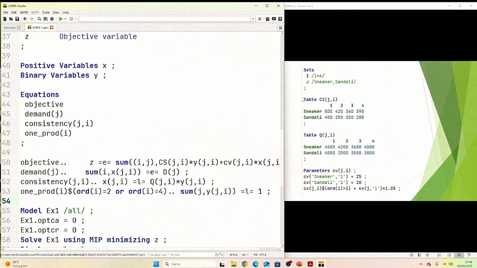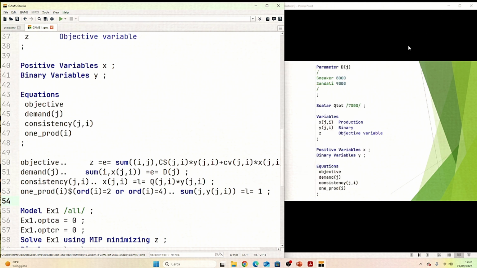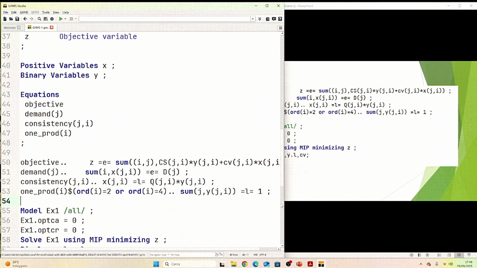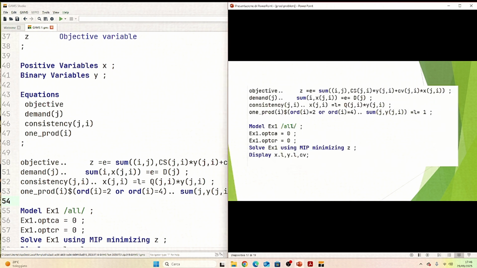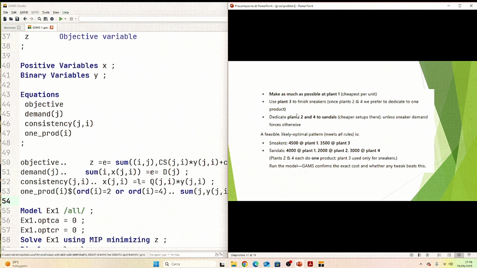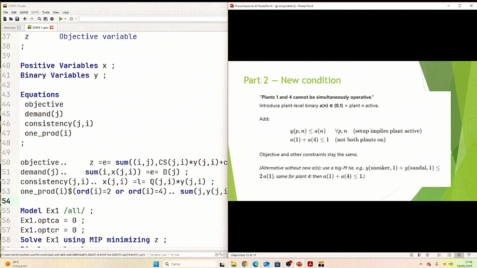So the last part is about reading the results that we have obtained, with x.l that shows the production plan by product and plant, y.l that shows which setups are active and which are not, and z.l is the minimum total cost.